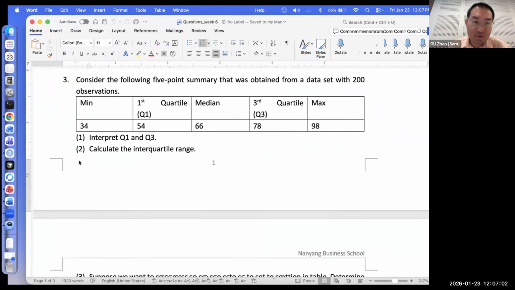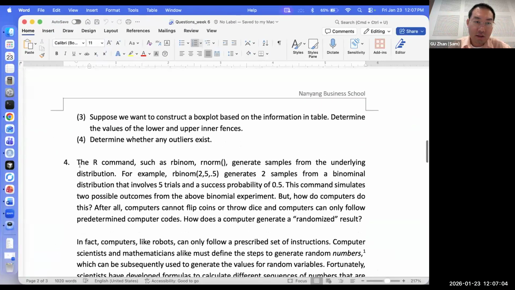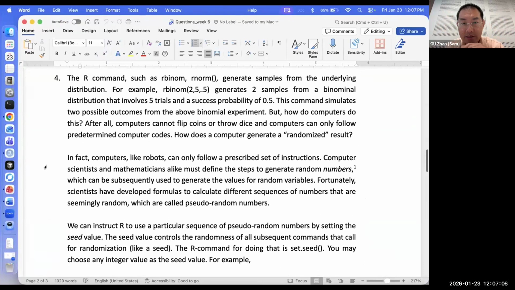Question 4. The R commands such as rbinom and rnorm generate samples from an underlying distribution. The first generates two samples from a binomial distribution that involves 5 trials and a success probability of 0.5.